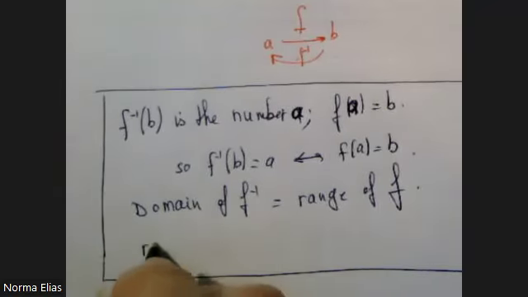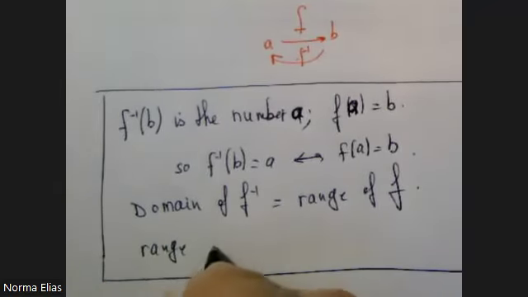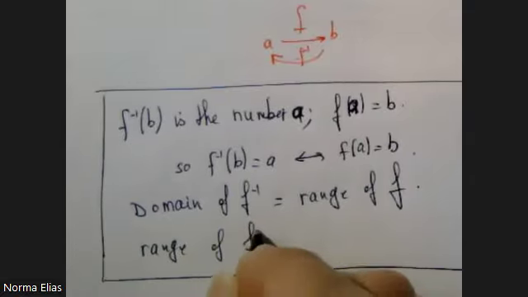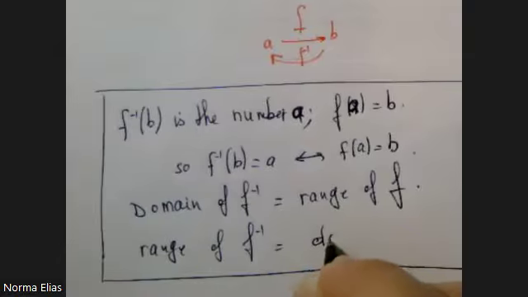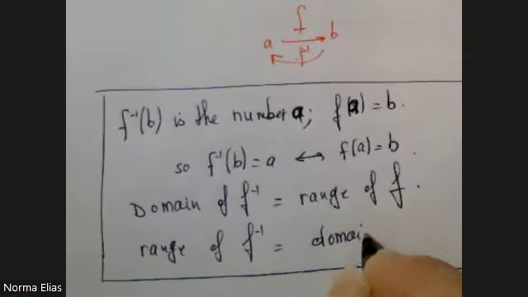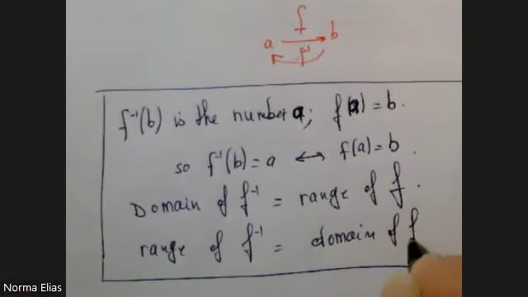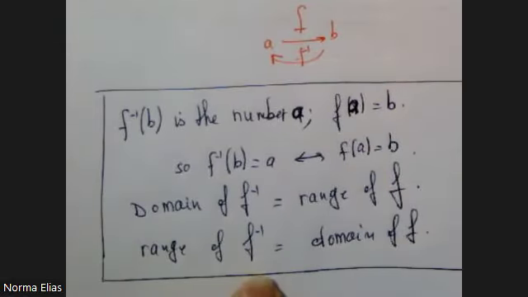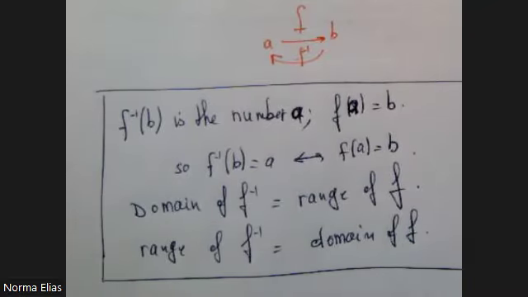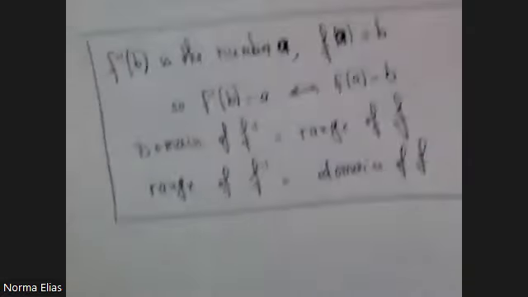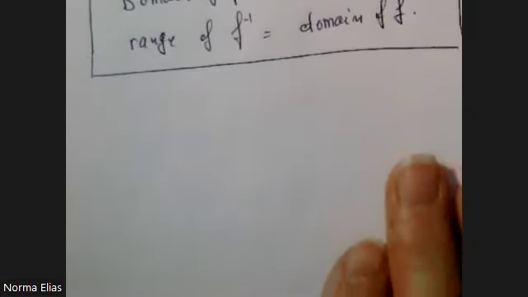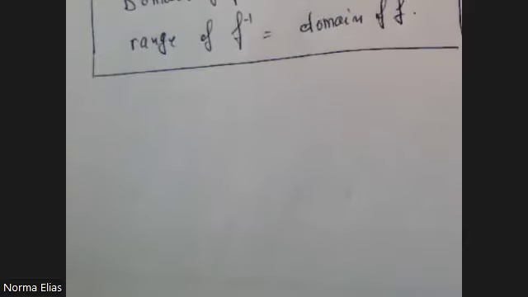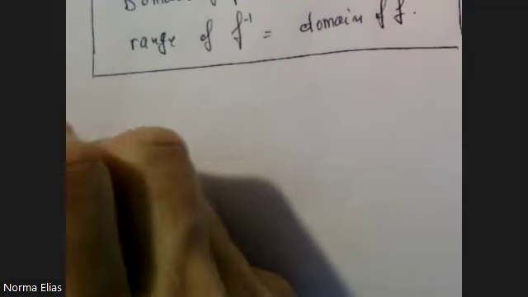And the range of f inverse is the domain of f. The outputs of f inverse are the inputs of f. So let us take a graphical example to work with the f inverse. So I'm going to sketch a graph in the best possible way. So example number 1.